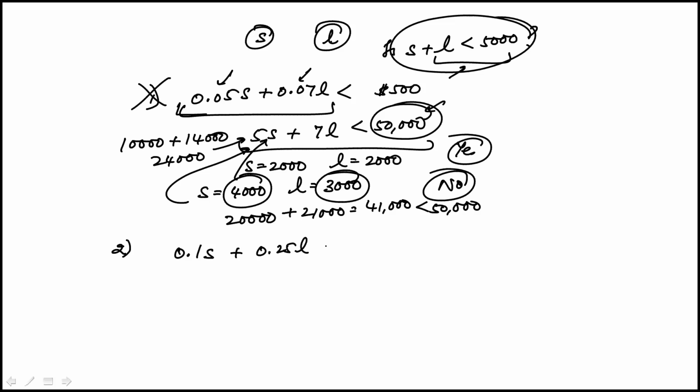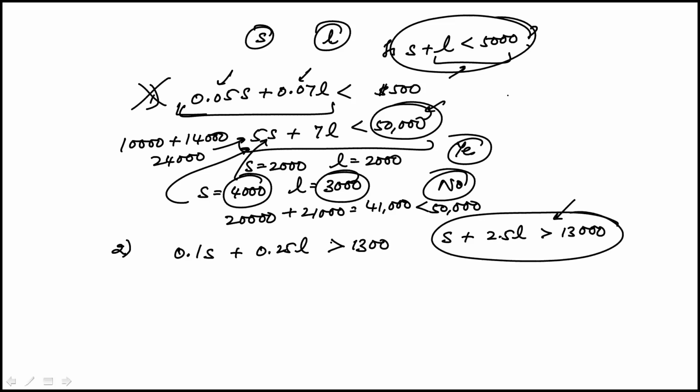So the translation of that inequality is that this is greater than 1,300. Now I can rewrite this by multiplying both sides by 10. And then the question is, given this, do I have a definite answer?